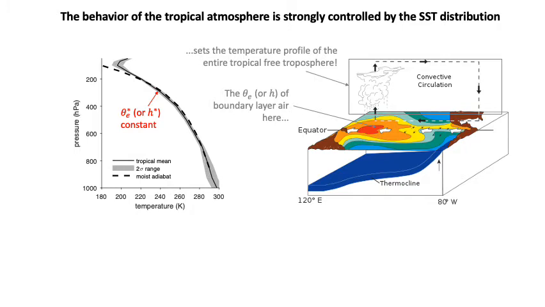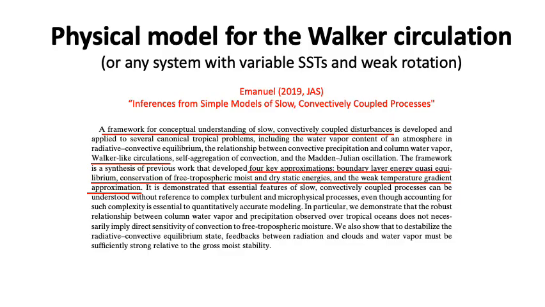The sea surface temperatures generally control where convection occurs, and convection controls the communication from the boundary layer to the free troposphere, and then the free troposphere temperatures cannot vary much horizontally. So there are a lot of simplifying assumptions we can make when we think about the tropical atmosphere, which is pretty remarkable. We're going to talk about that.